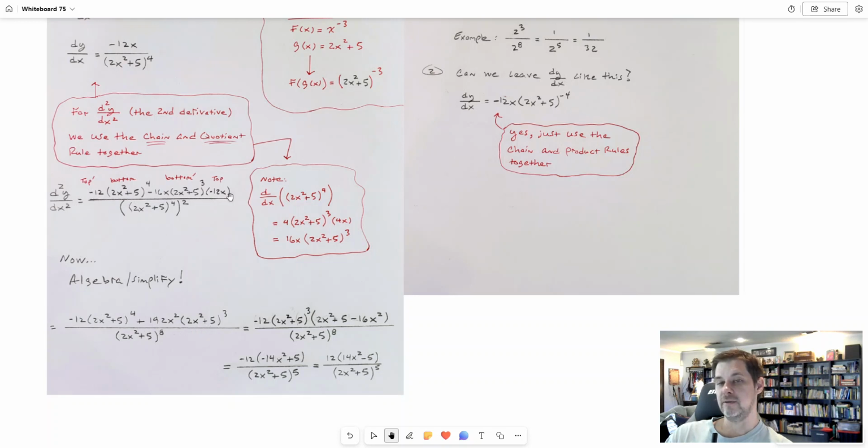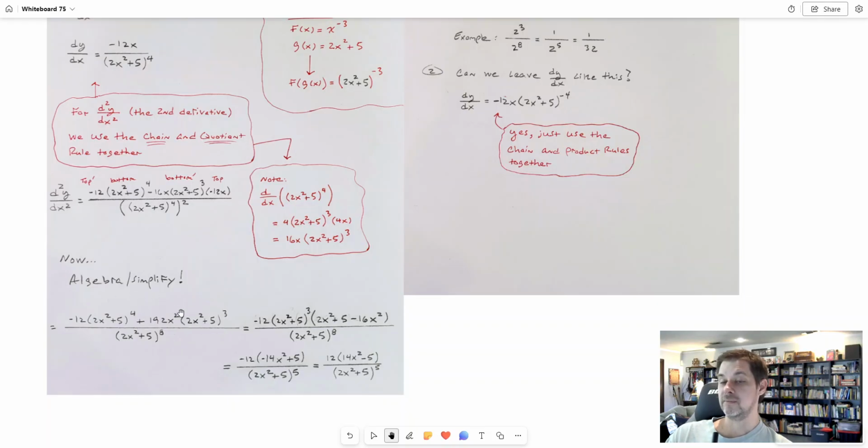What's easy to do here? I guess the most obvious thing is I got a negative 16x, which I can multiply by negative 12x. So I'll get positive 192x squared. Okay. From there, I can do some factoring. I notice here's a term, 12 times (2x squared plus 5) to the fourth power. And then here's another term, 192x squared times (2x squared plus 5) to the third power.